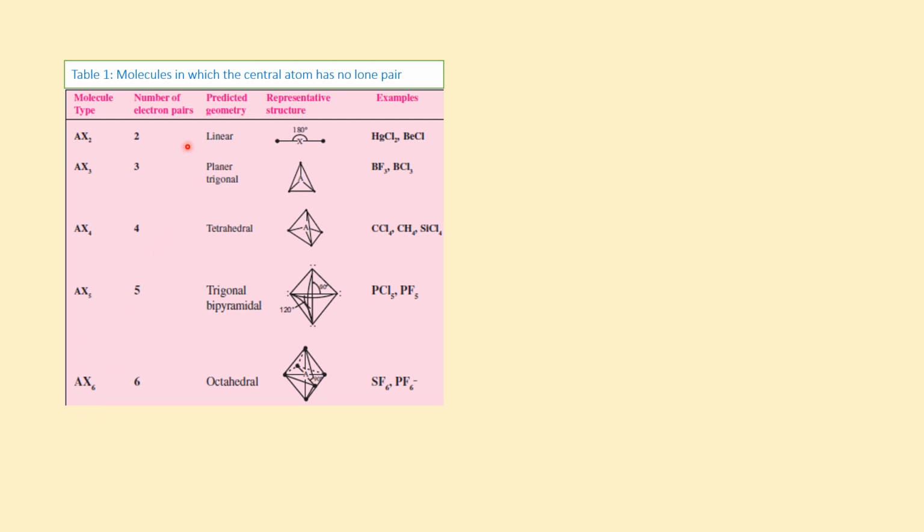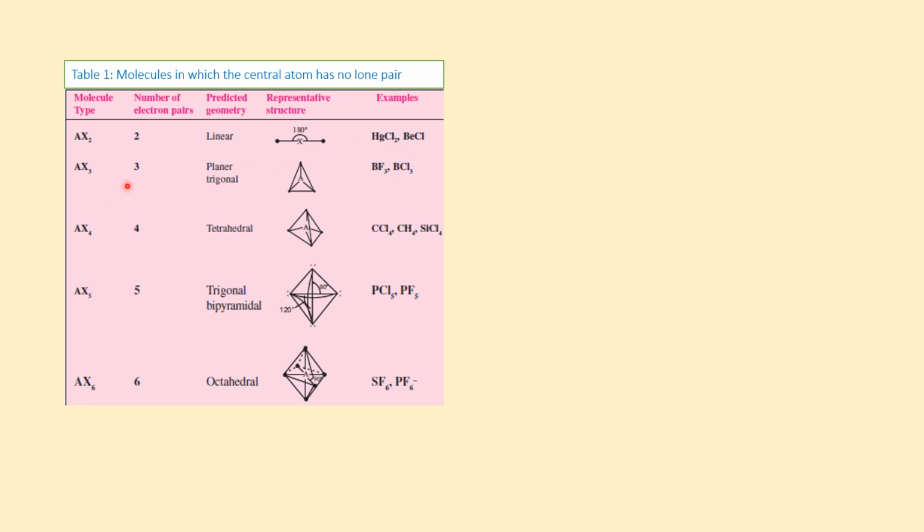Column number 2 shows that for AX2 the number of electron pairs is 2 and the predicted geometry is linear, and a representative structure is shown. Here there are 2 bonds, and the angle between them is 180 degrees. Examples of such cases are HgCl2 or BeCl2.